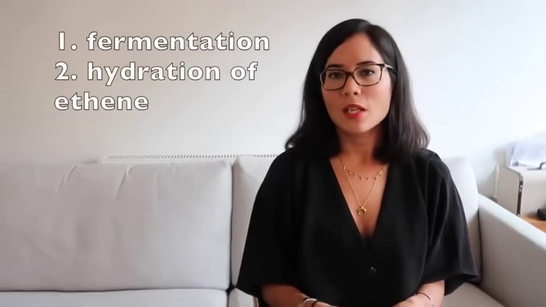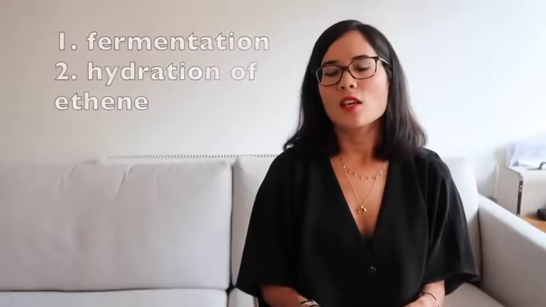Looking now at the production of alcohol, we need to know the two main ways, which is fermentation and hydration of ethene. So we need to compare both of these methods for making alcohol. So let's first of all look at their raw materials.